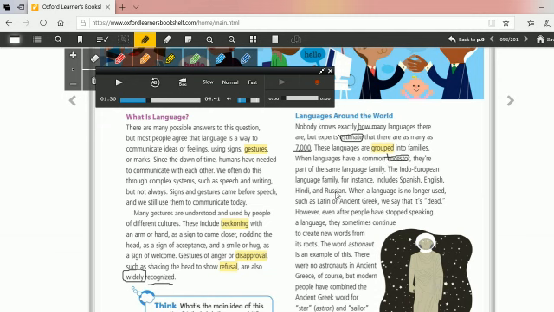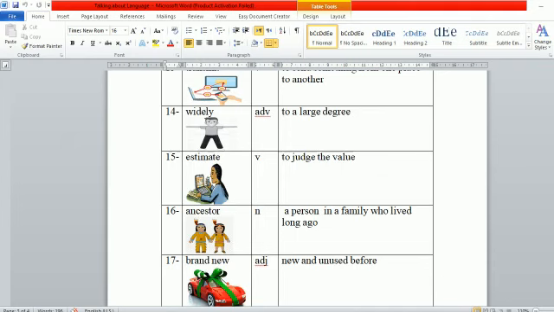Can you search for the clue in this sentence? Family. So, what do you think the meaning of ancestor is? Ancestor is a noun. It means a person in a family who lived long ago. They are the ancestors of Indian people.